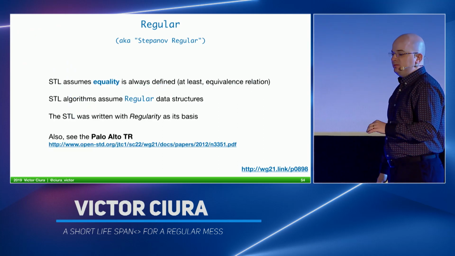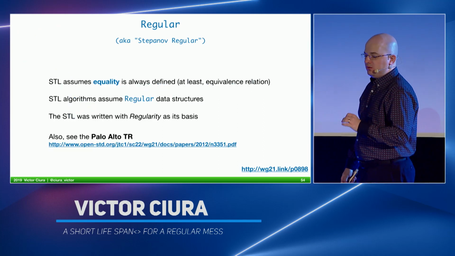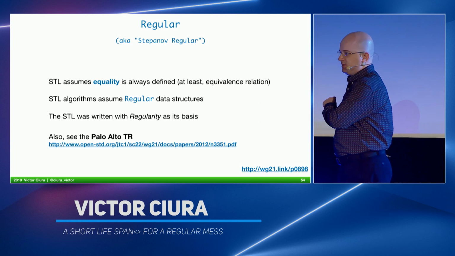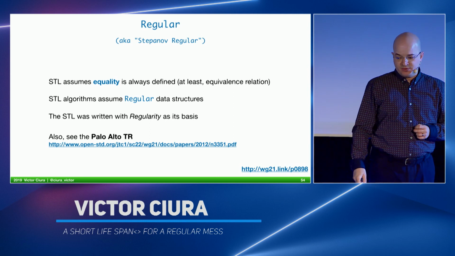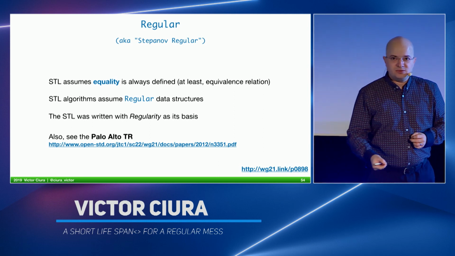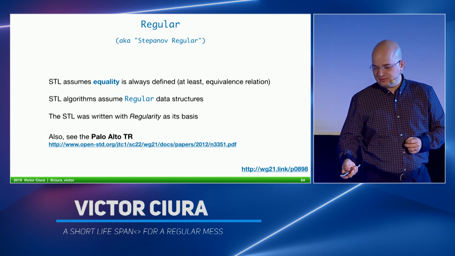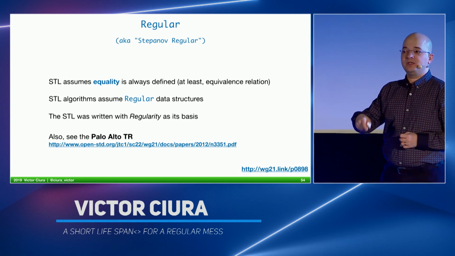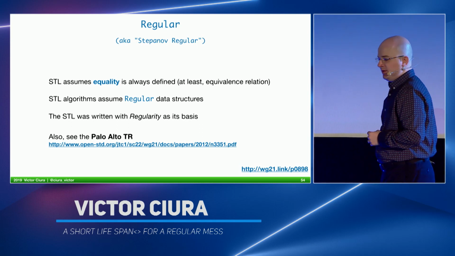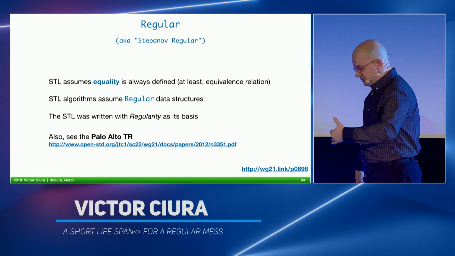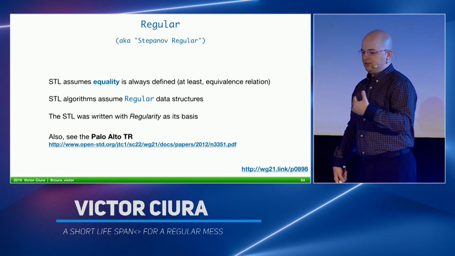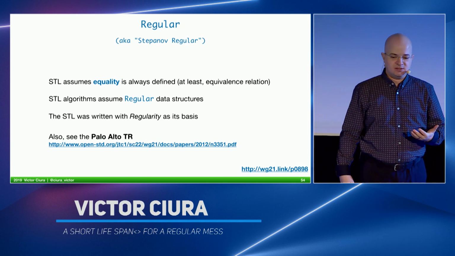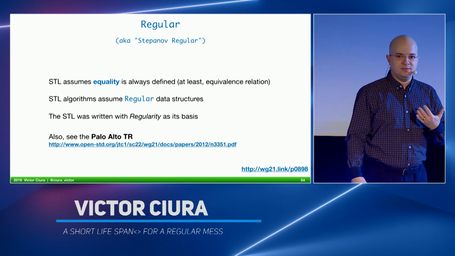STL assumes equality is always defined, or at least an equivalence relation, like we saw when we presented the axioms. So STL algorithms assume regular types. STL containers assume regular types are stored in them. And it was clearly designed with regularity as its basis. So if we do not understand these concepts, we're not going to be able to use it properly.